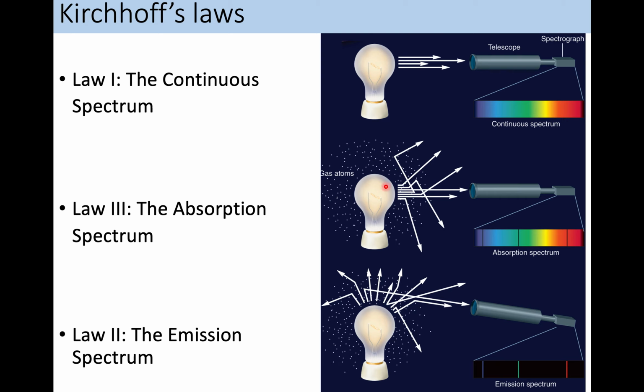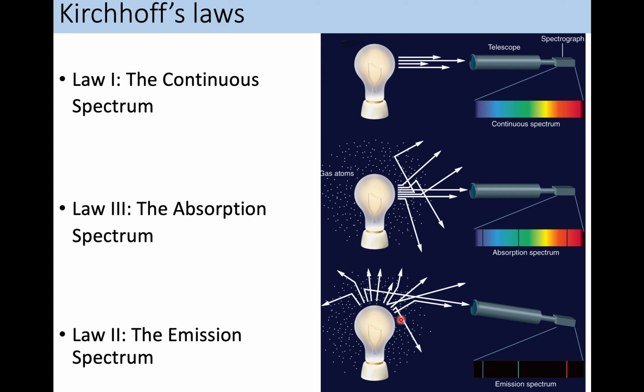So now if we are looking at 3, an absorption spectrum, we are looking at that light bulb which is emitting in all wavelengths, but it's emitting through this cloud. So the cloud of gas is going to absorb some of the wavelengths of light. So all we're going to see is what isn't absorbed by that cloud. So it's essentially the opposite of the emission spectrum.